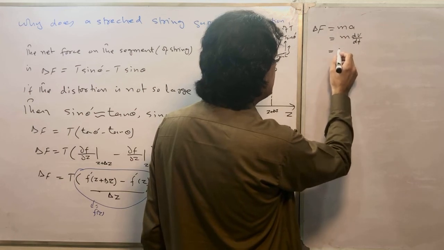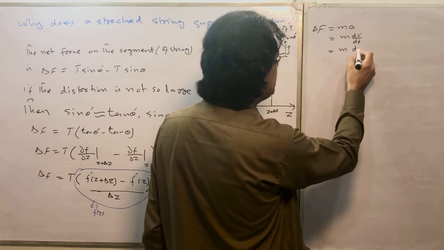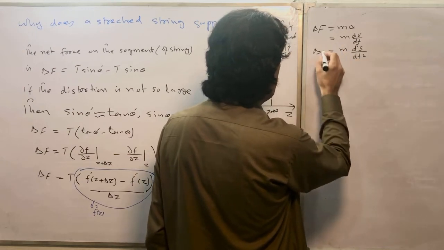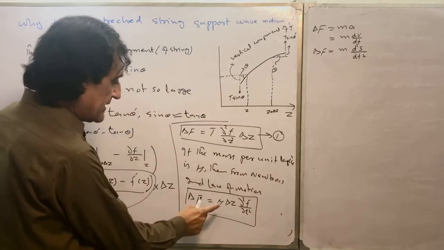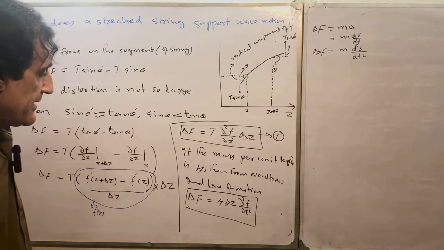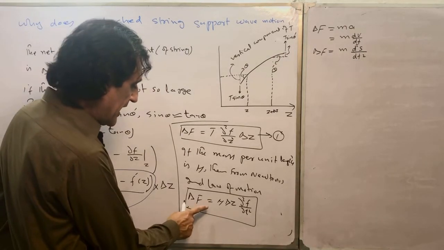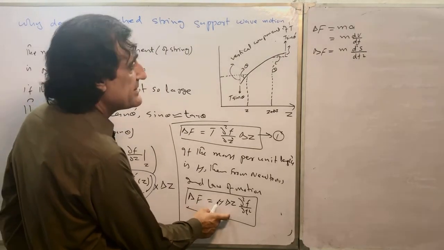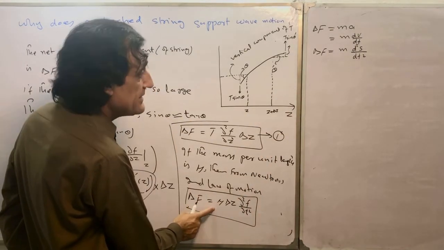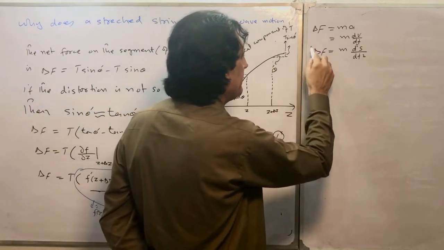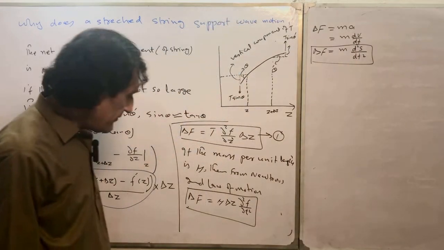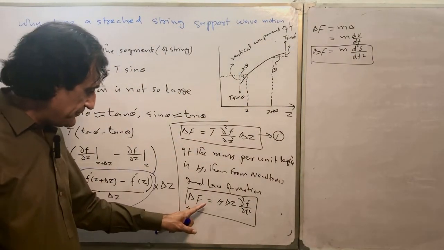And further, this is equal to m d square s divided by dt square. So how can we say that this is Newton's second law? I want to compare this with this, and I will prove that these two equations remain the same. How is it possible?